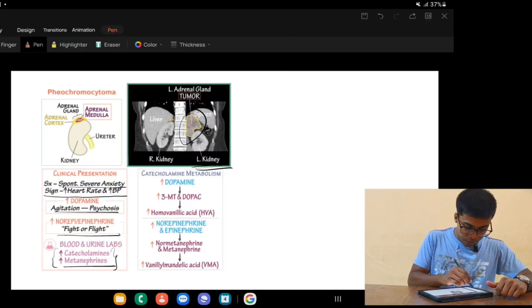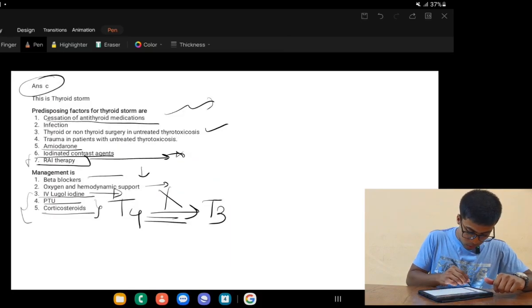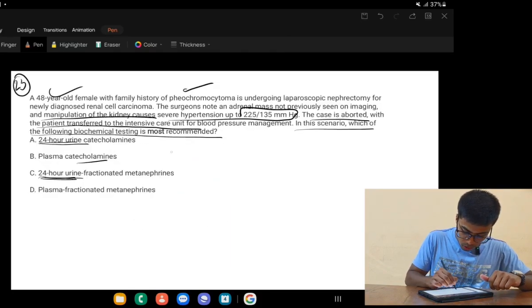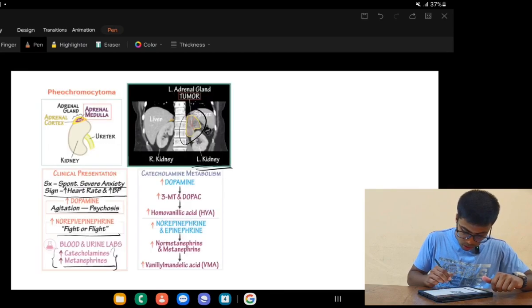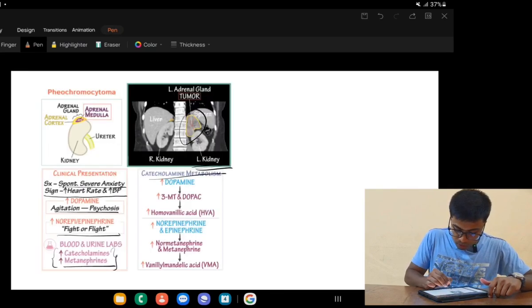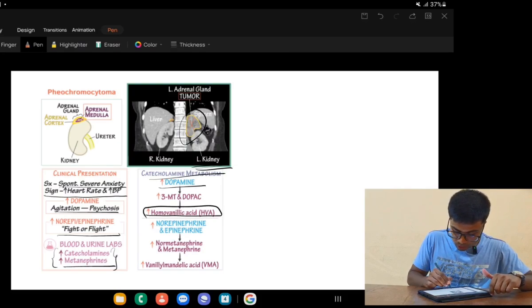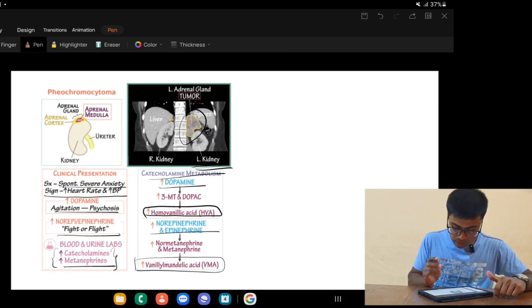So we have confusion here now: catecholamines or metanephrines. Let's see. In catecholamine metabolism, dopamine increases and homovanillic acid increases, and with norepinephrine and epinephrine, vanillylmandelic acid increases.